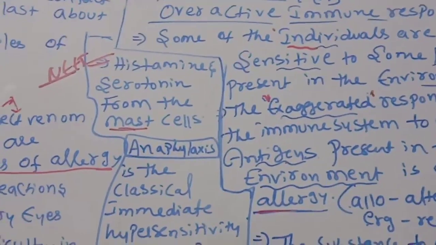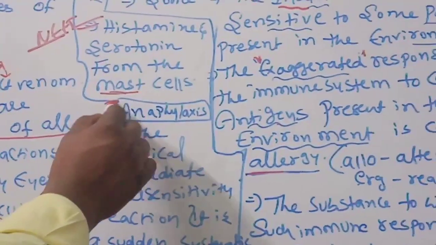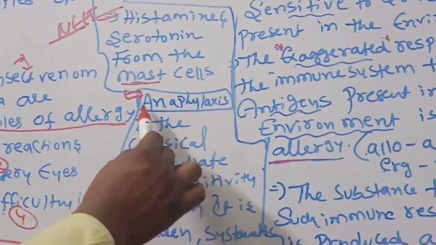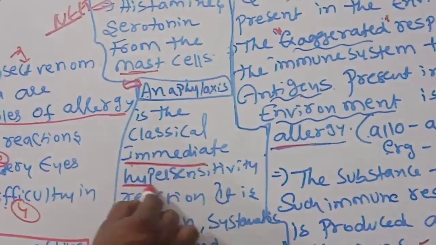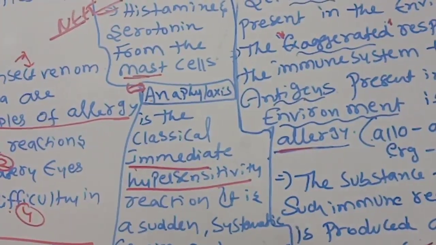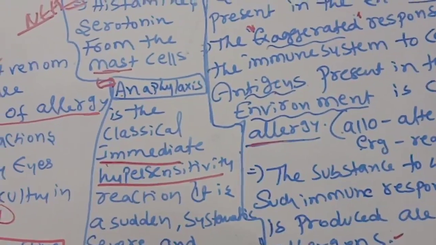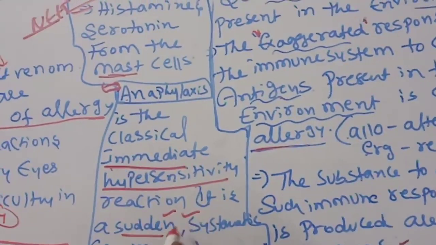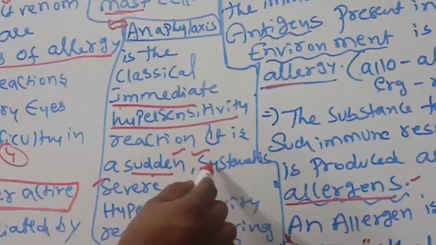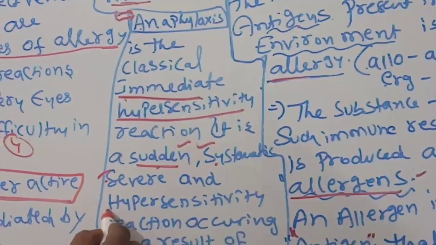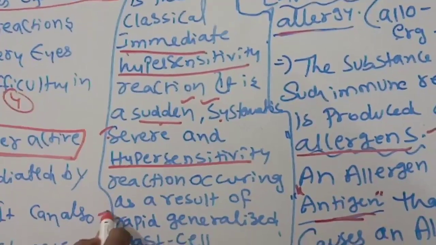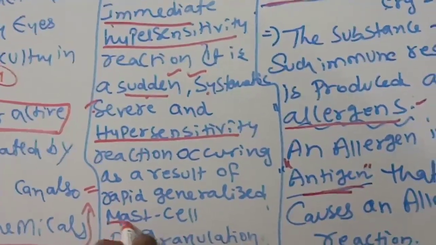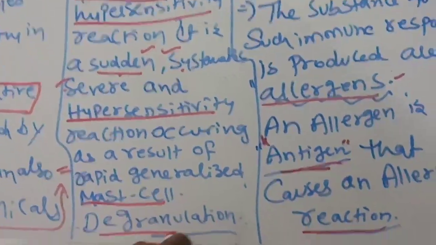Next, one new terminology I am giving, anaphylaxis. Anaphylaxis is the classical immediate hypersensitivity, a very fast allergic reaction. It is a sudden, systemic, severe hypersensitivity reaction occurring as a result of rapid generalized mast cell degranulation.